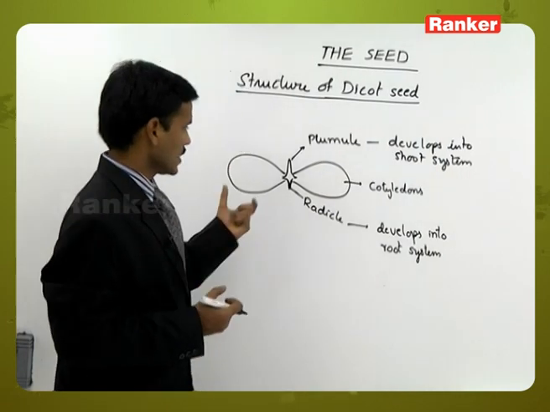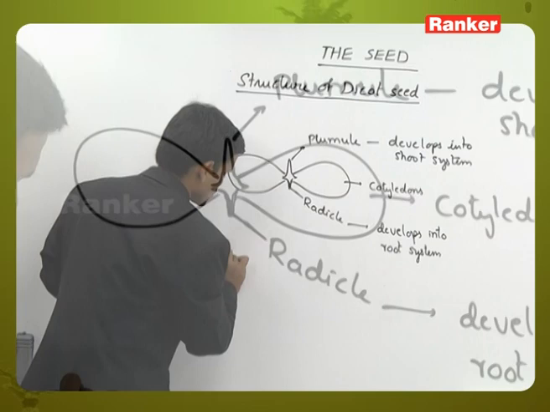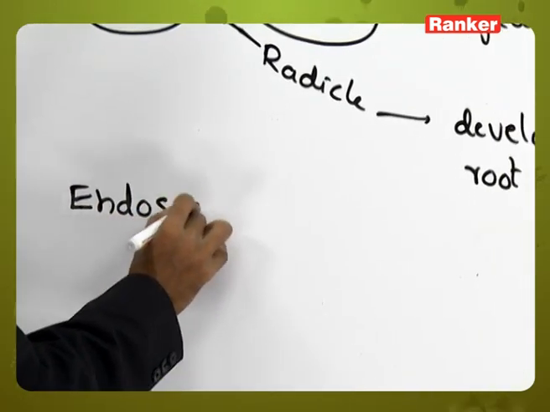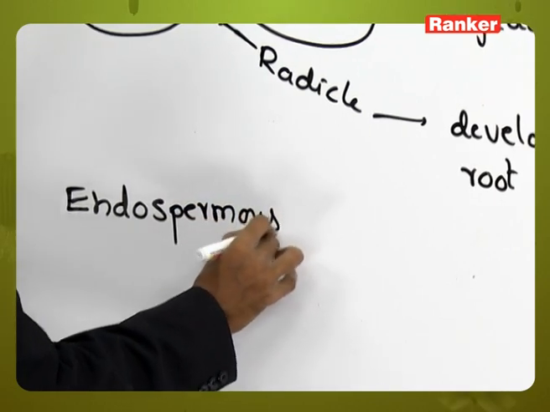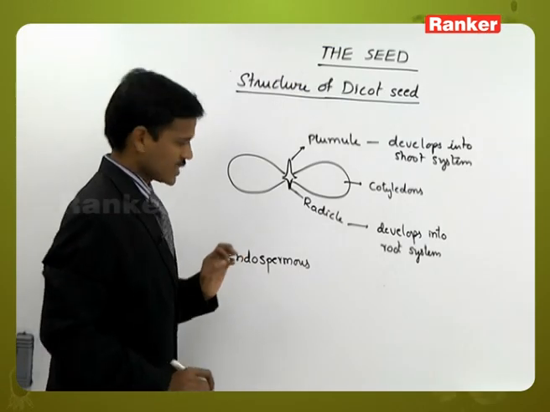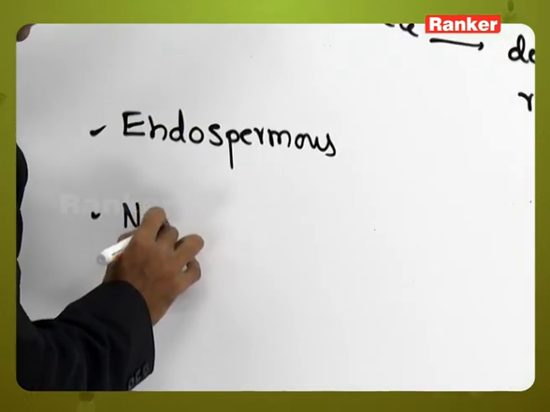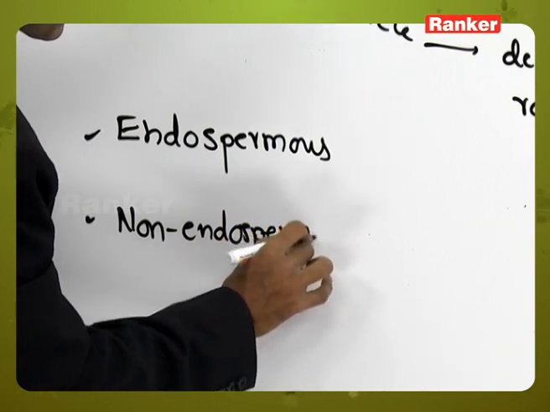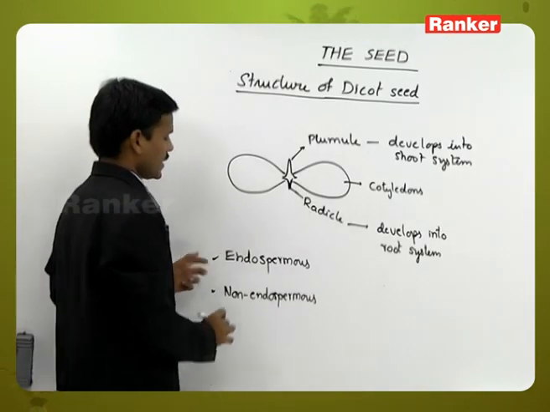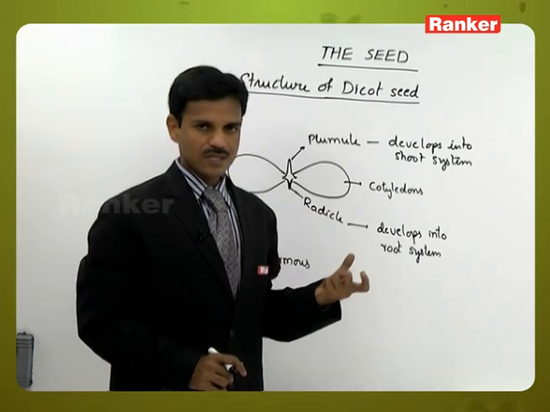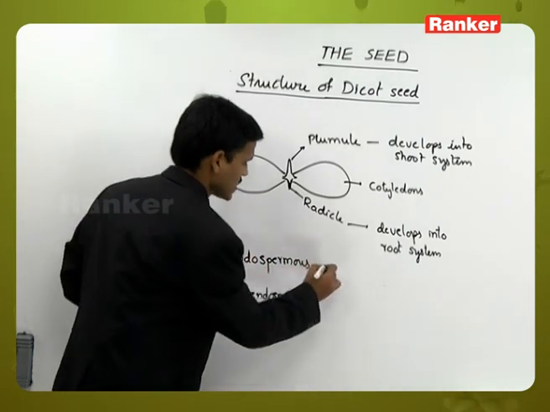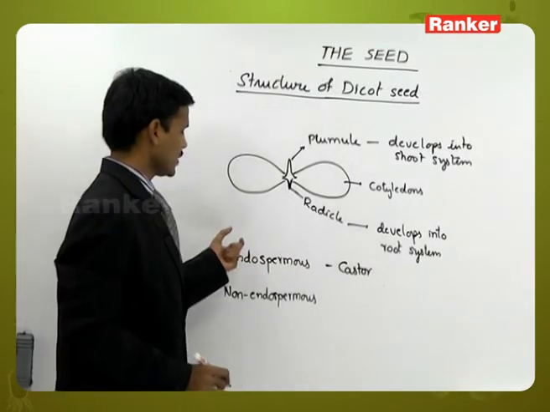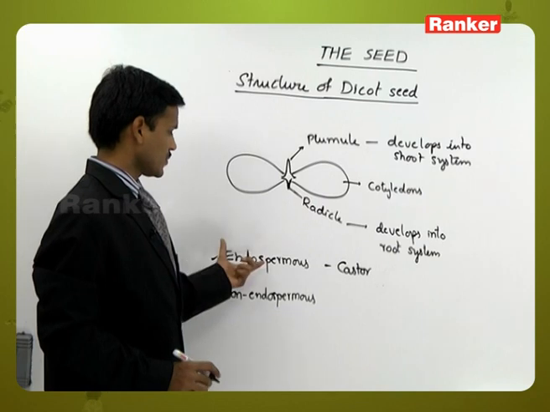Sometimes in the seed endosperm is present, sometimes it is absent. If the endosperm is present, those seeds are called endospermous seeds, and if absent, non-endospermous seeds. Endosperm is present in some seeds like castor.